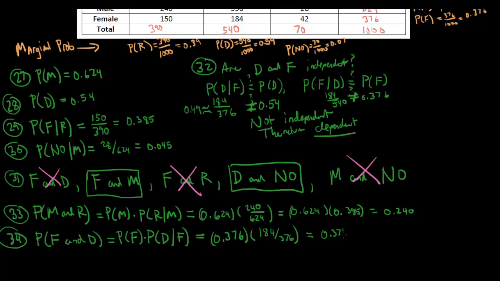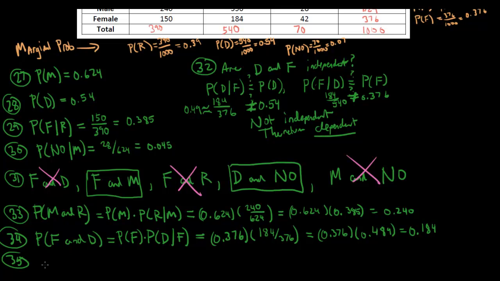So we have 0.376 times 0.489. Let's see what that equals. 0.489 times 0.376 equals 0.184. So 0.184 is the joint probability of being female and a Democrat according to our data. That's number 34. Okay? Let's look at number 35.